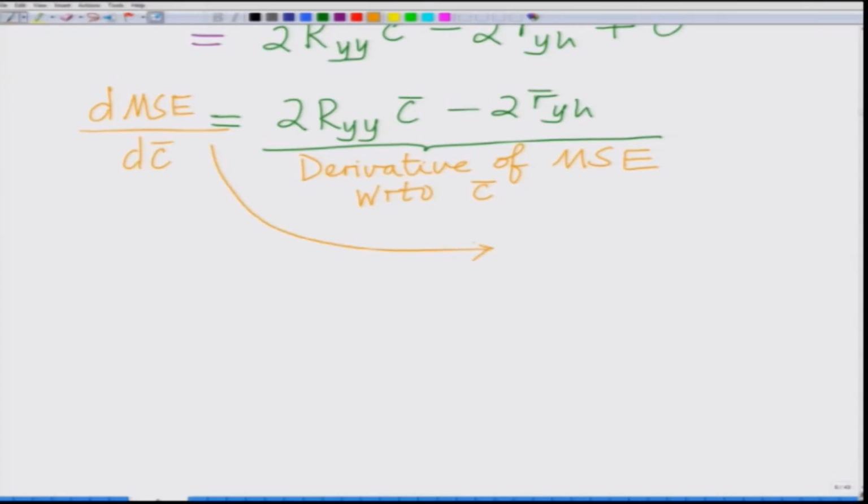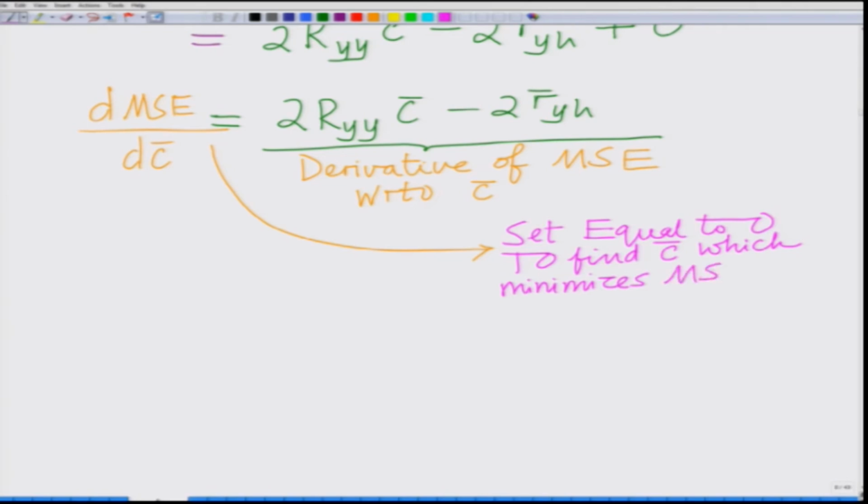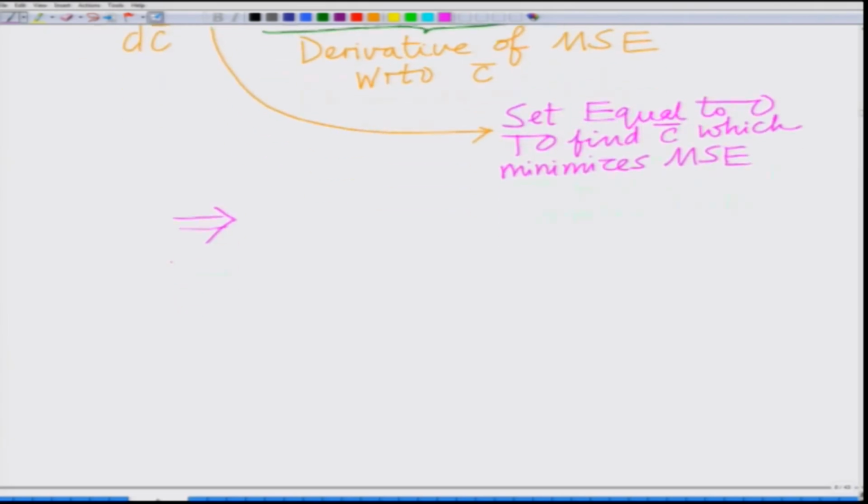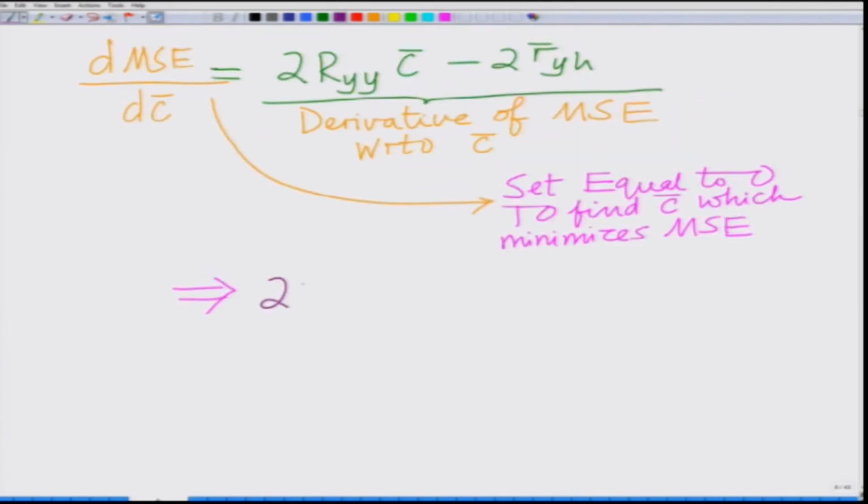This implies that the derivative 2 R yy C bar minus 2 R bar yh is equal to 0.